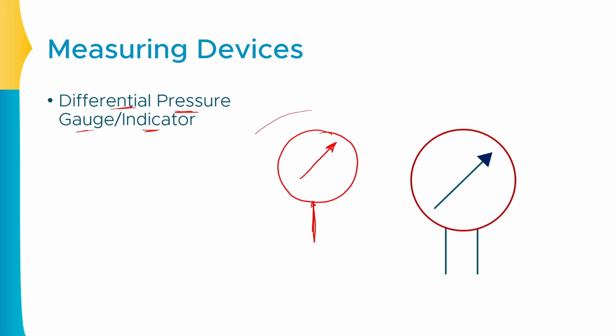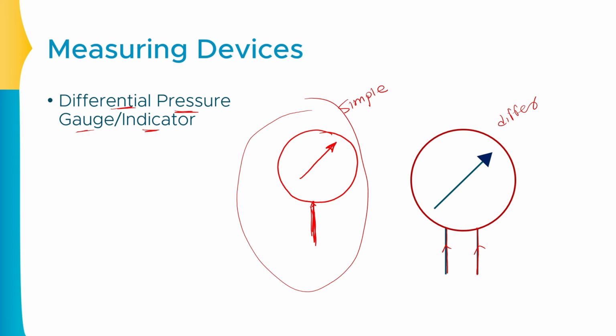So this is your normal pressure indicator, but if you show two lines going to one single pressure measuring instrument, this shows the differential pressure gauge. So this is a simple pressure gauge, and this is the differential pressure gauge. How to differentiate both? The single pressure line indicates the simple pressure gauge, and two pressure lines coming towards the pressure indicator indicate the differential pressure gauge.